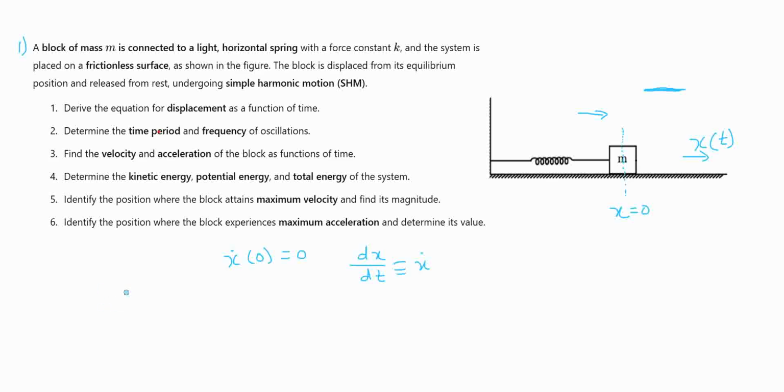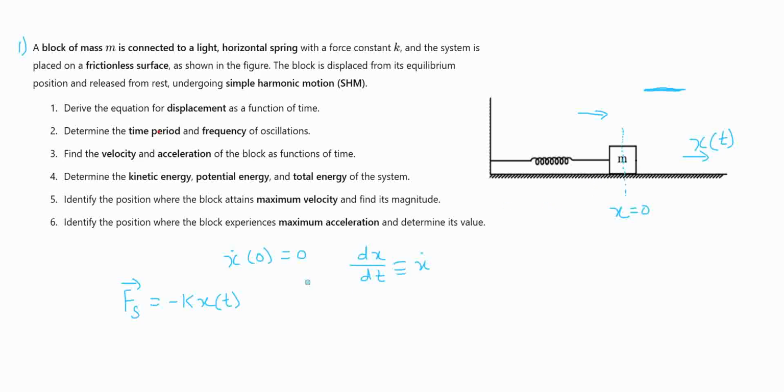The force on the block of mass is given by Hooke's law. I am putting subscript s, which implies the spring force, equal to minus kx. Basically, when we stretch the mass towards this side, the force will be opposite, towards the negative x-axis. That's why it is minus k, and x is a function of t.